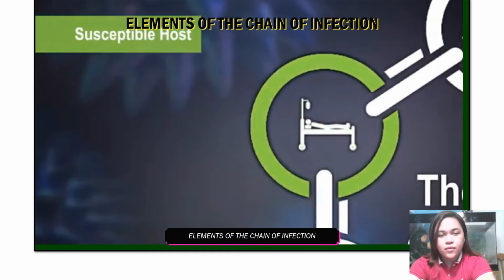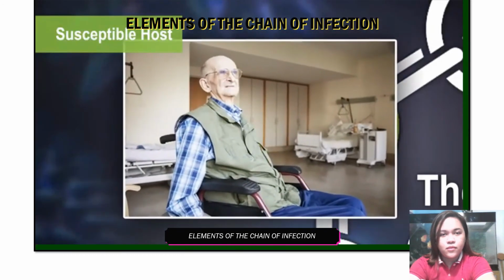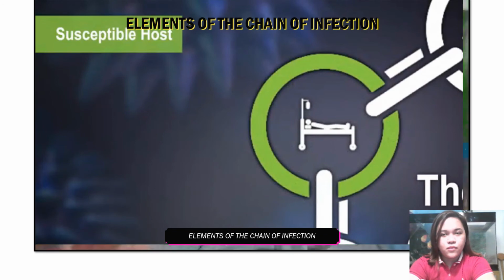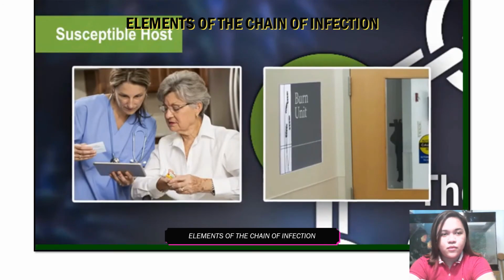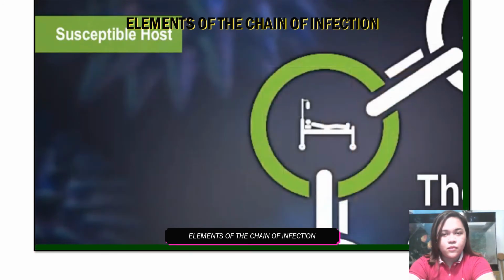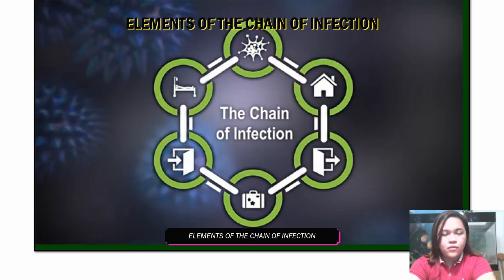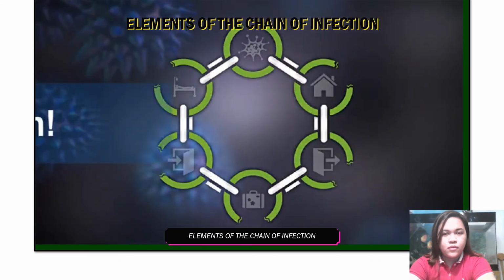The last link in the chain of infection is the susceptible host. The host is a person who cannot defend against pathogens, such as the elderly or burn patients. Healthcare workers break this link by treating the primary disease and identifying those at higher risk for infection. As a healthcare environmental services technician, you can see how your daily duties give you many chances to break the chain and keep everyone safe from illness.